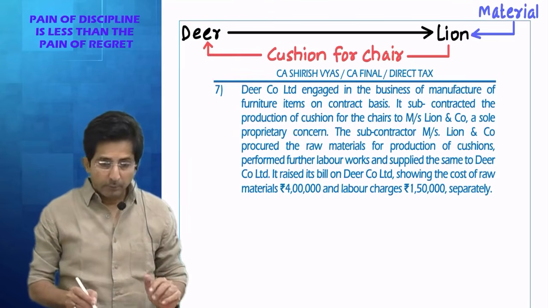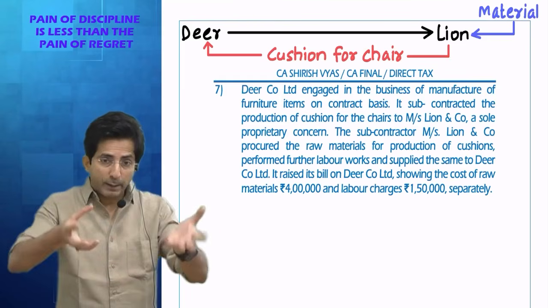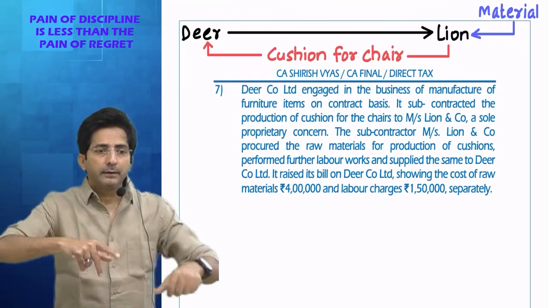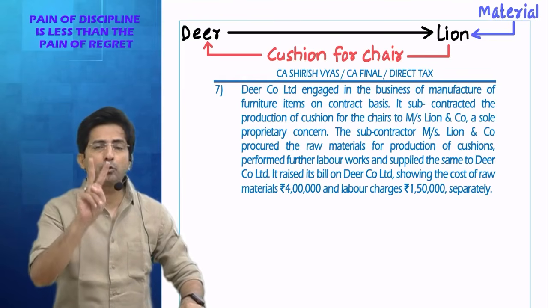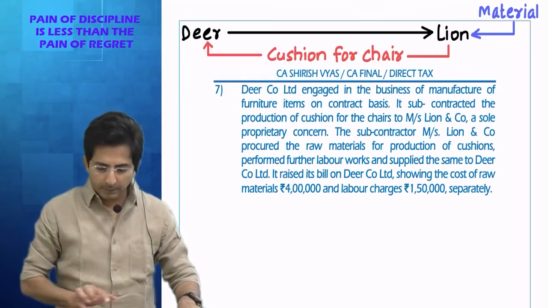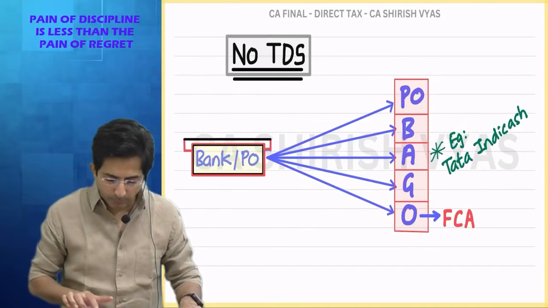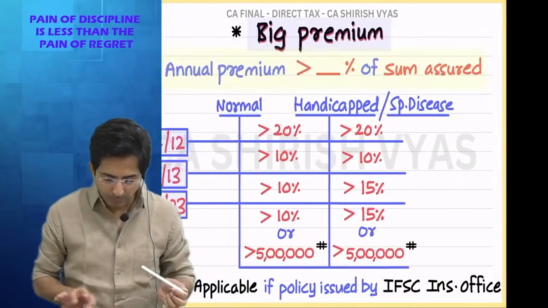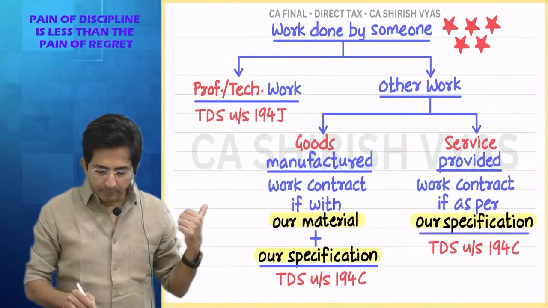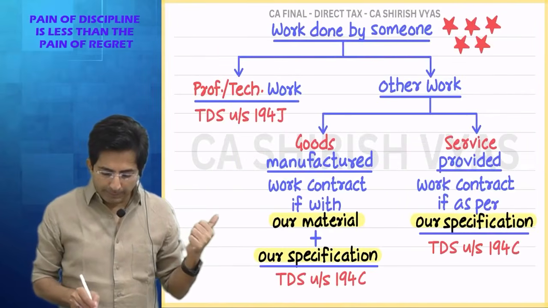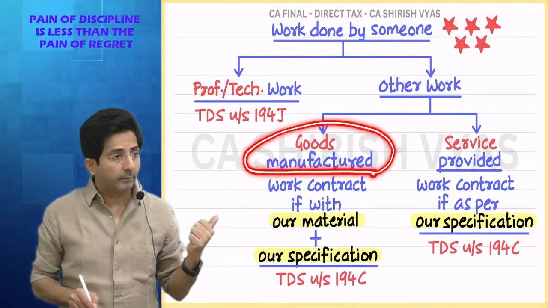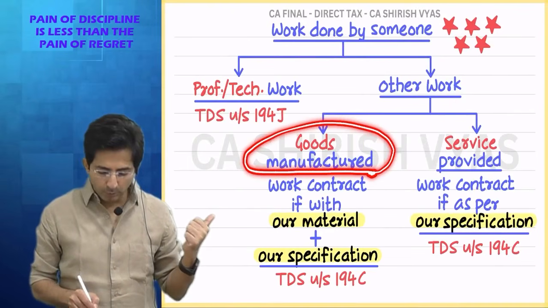But you know, whenever you get the product manufactured from someone, it will be works contract provided two conditions are satisfied. If you remember, I had explained this point. Look here. I will show you my chart. Whenever you get goods manufactured from someone, what is the rule?